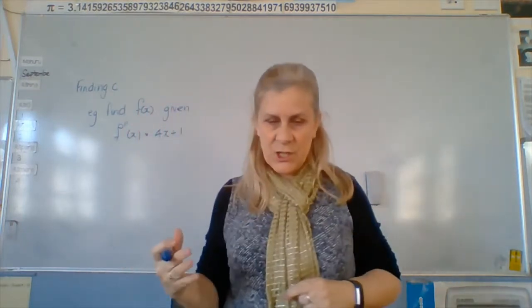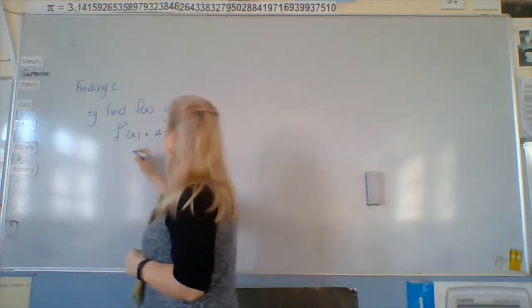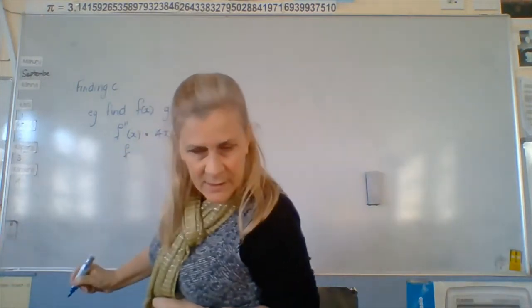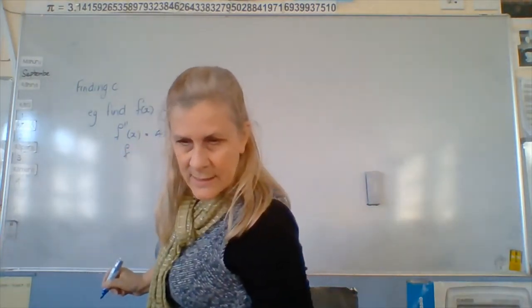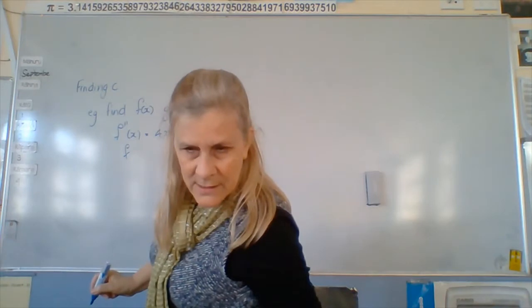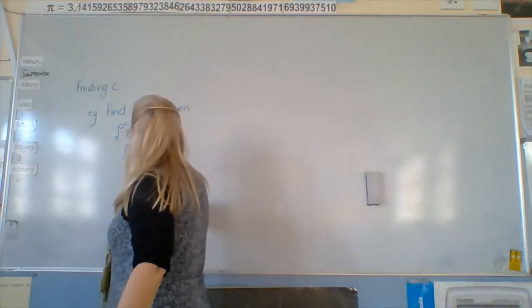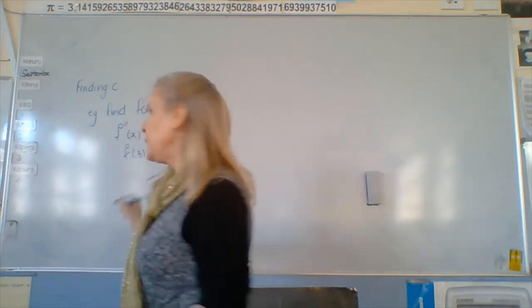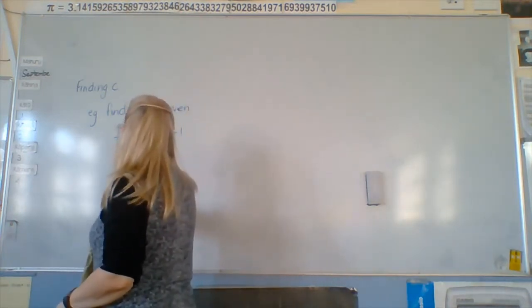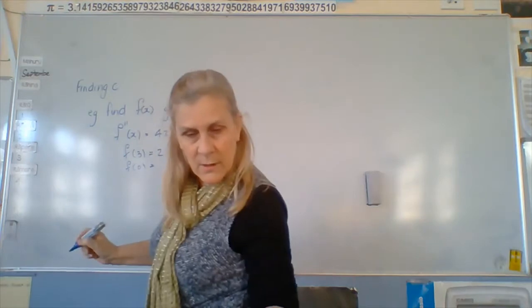So we're anti-differentiating to find it. And then we've been given hints as well. We've been given the hint that f of 3 equals 2 and f of 0 equals 1.